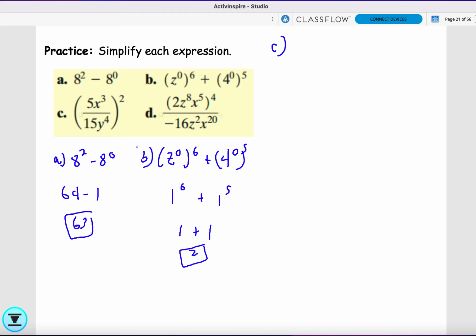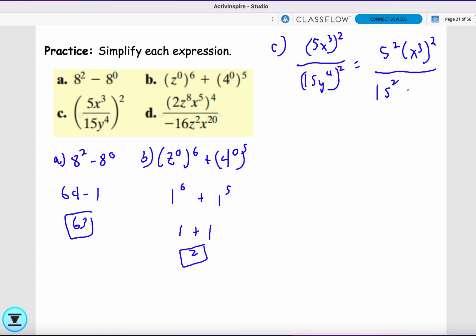C, we have 5x cubed, going to be squared, over 15y to the 4th, be squared as well. So then we get 5 squared, and then x cubed squared, 15 squared, y to the 4th squared. So 5 squared is 25. X cubed squared is 3 times 2, which is 6.